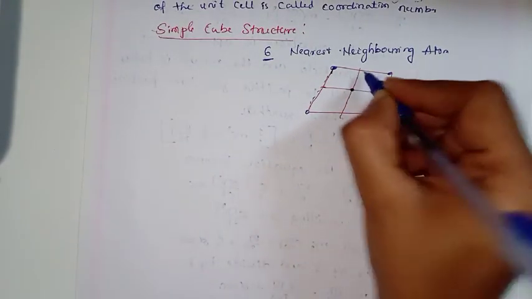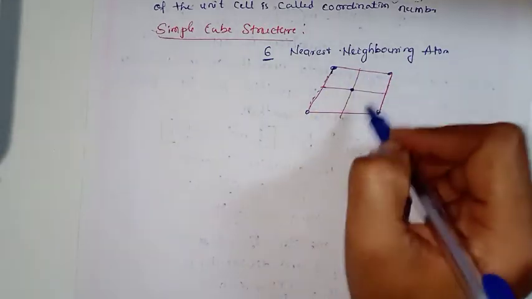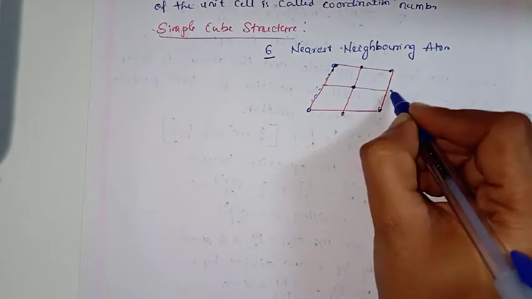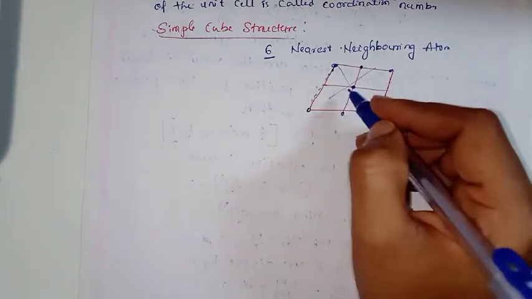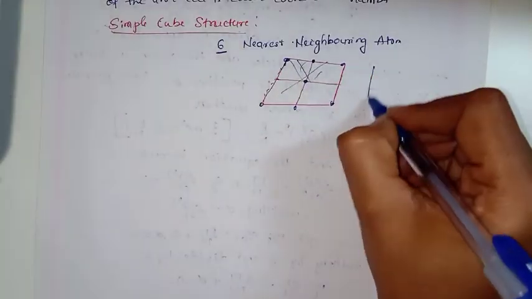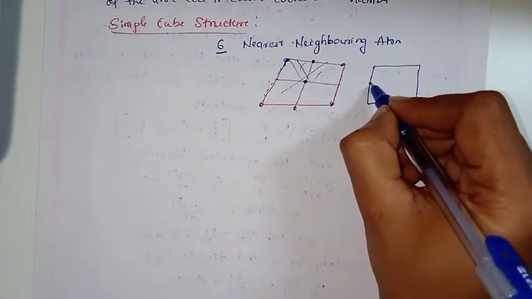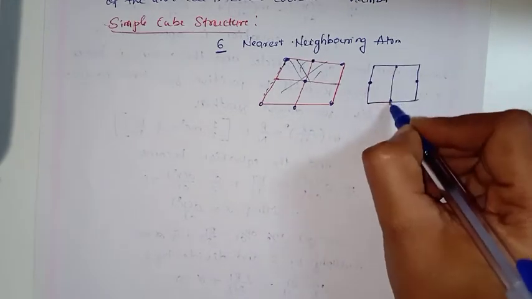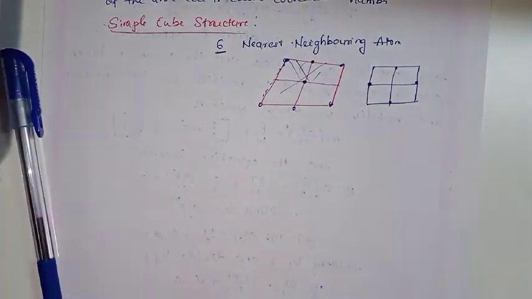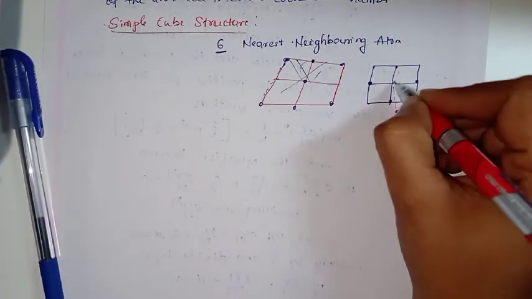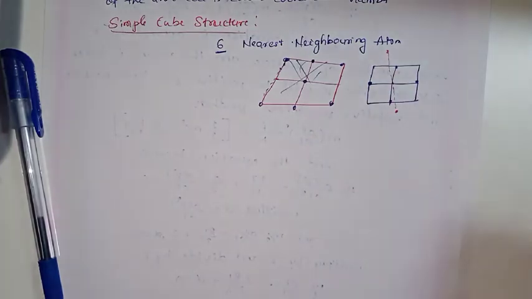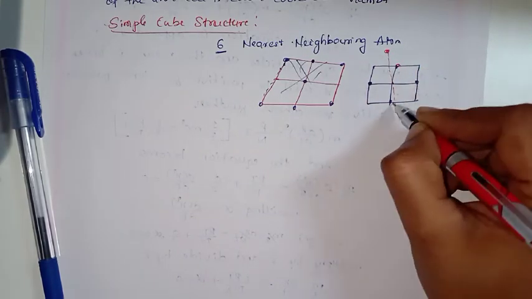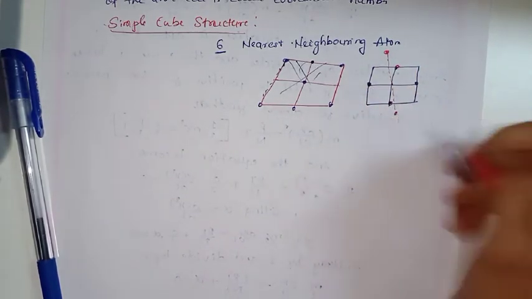This is the upper surface of the crystal. Let's not consider the atoms at the corner, let's consider only the center of this crystal. Then one is here and another one is here. So in total how many atoms are there? 1, 2, 3, 4, 5, 6.